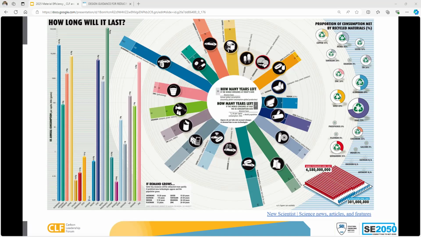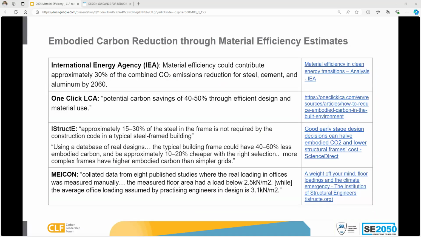This is a neat diagram, I thought, that actually gives a timeline and comparison from the New Scientist, just kind of illustrating that idea of we need to treasure our materials and use them more conscientiously. And then here are some really high level estimates and some pretty comprehensive or deep dive studies that are out there.